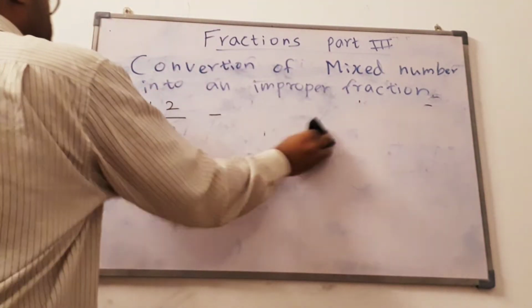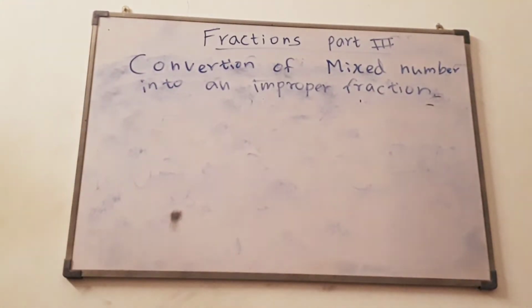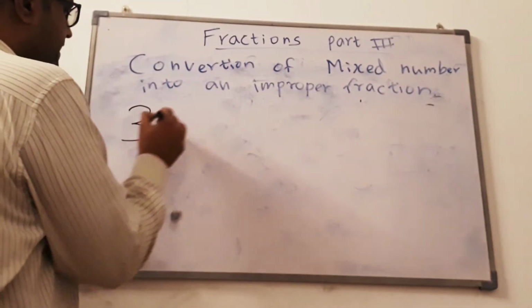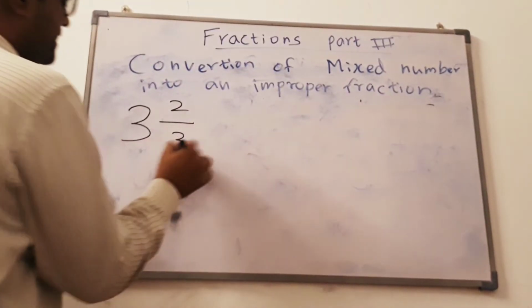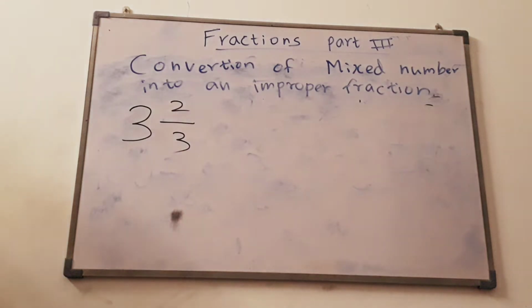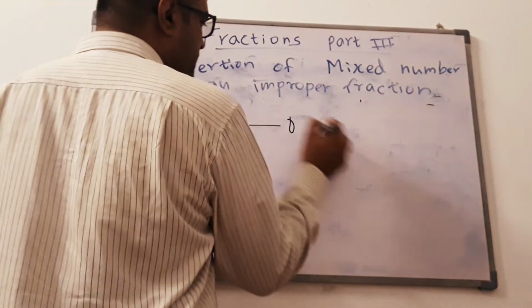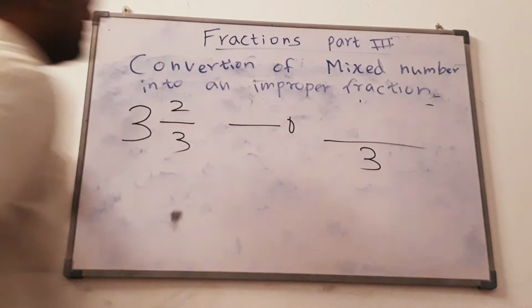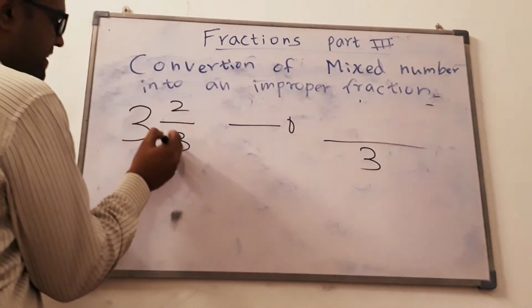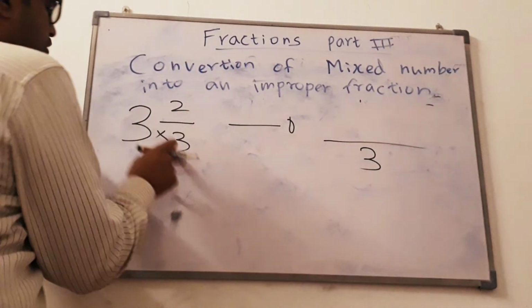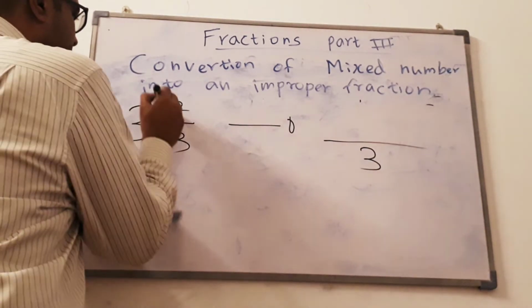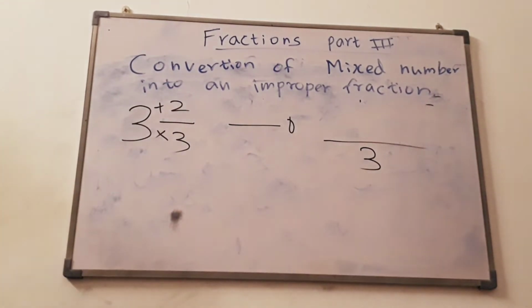One more couple of sums. Okay. Take a look at this. 3 and 2 over 3. What we have to do is, here the denominator won't change, but the numerator changes. How? By multiplying the denominator by the whole number, and the result has to be added to the numerator.